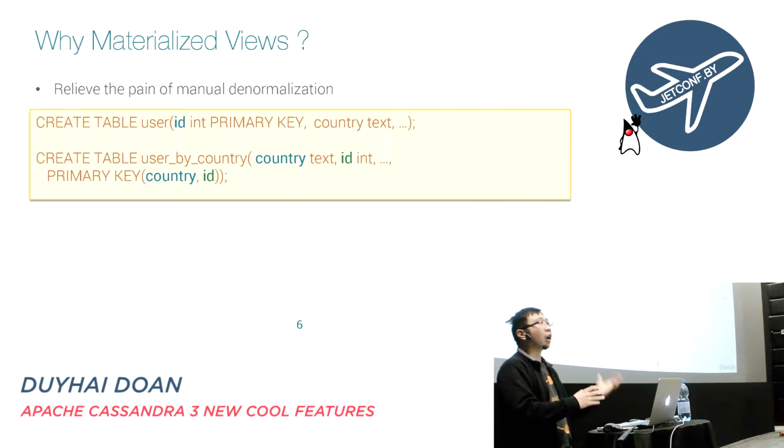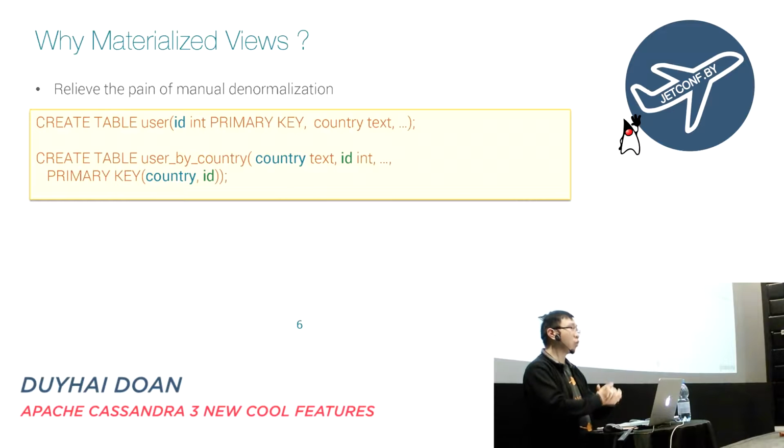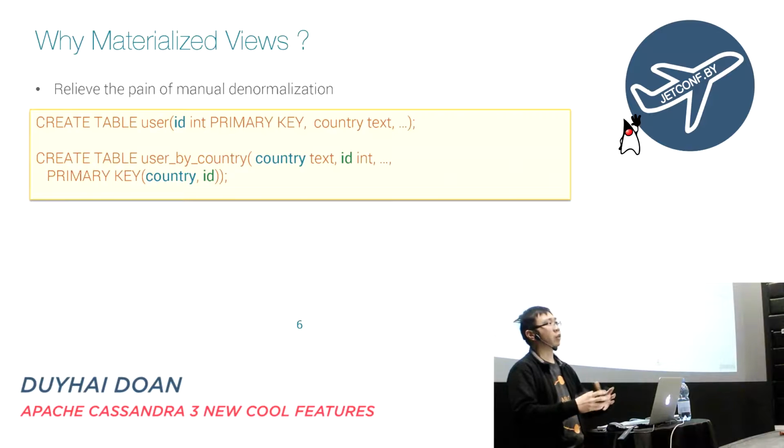Until now, I used to tell people, okay, if you want to query your data in Cassandra by different axes, you need to denormalize. What it means is, for example, I have a user table. The user ID is the primary key, so I can query my user by ID.